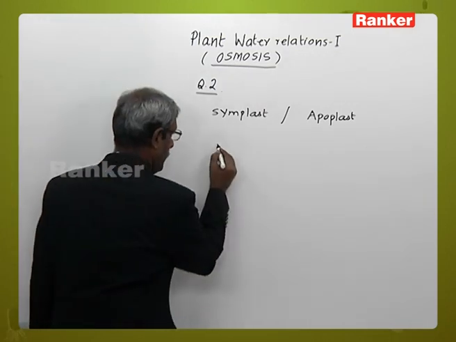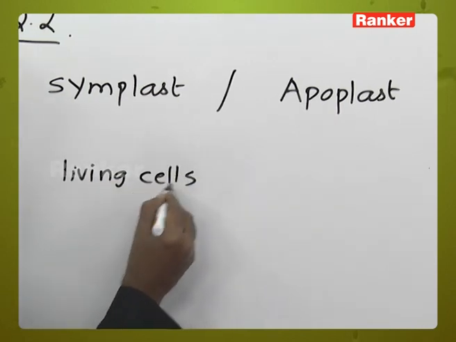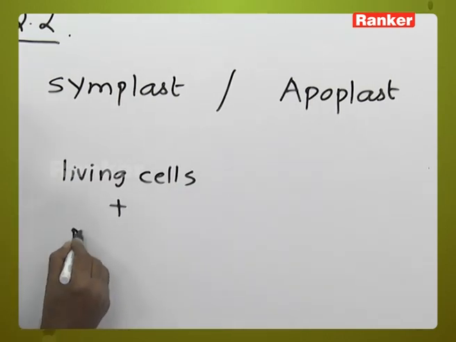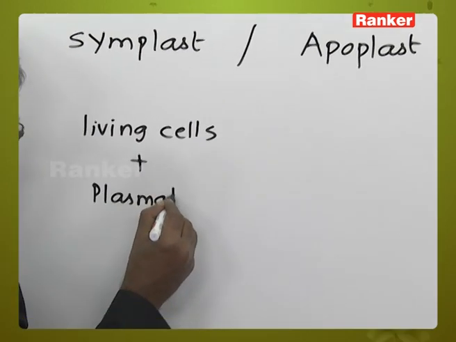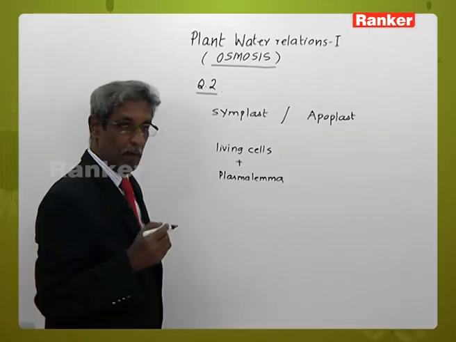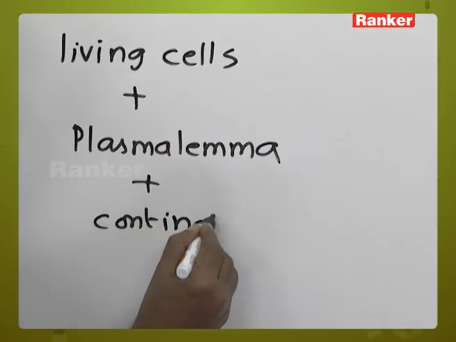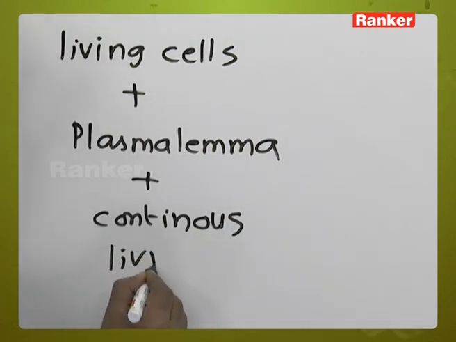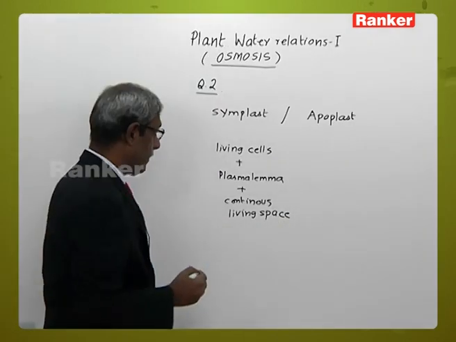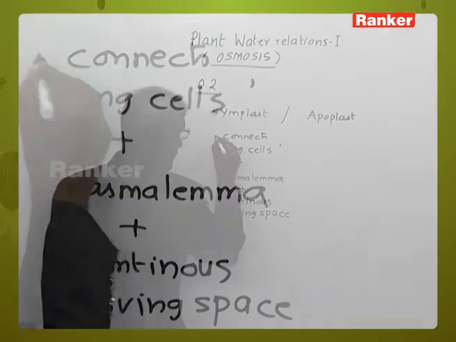The total of the living cells, all the living cells, including the continuity of the plasma lemma or the plasma membrane, which forms a continuous living space and connects all the living cells of a plant.